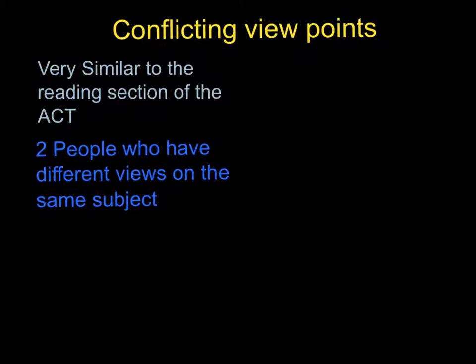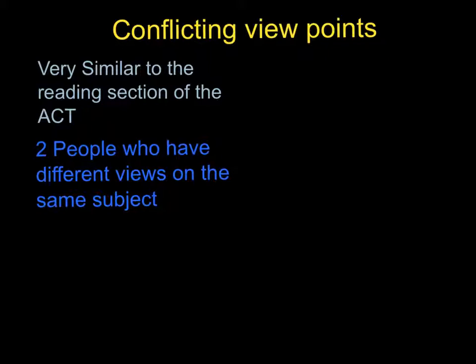Usually there are 3 types of questions: questions on the first person's views, questions on the second person's, and comparing and contrasting them. Usually the people are students, scientists, or professors, so we will just call them people for now.